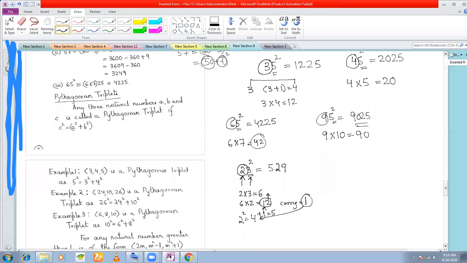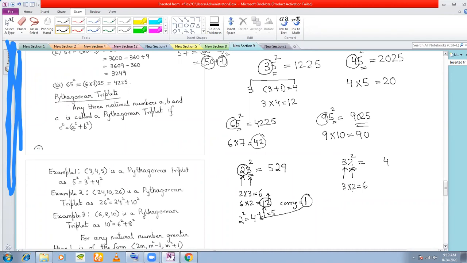Okay, let us take one more example. Let us take 32 square, a simple one. I want to find out the square of this. So first of all, I'll square this 2 to write a 4 here. Next I'll take this digit 3 and this digit 2 and multiply these two.